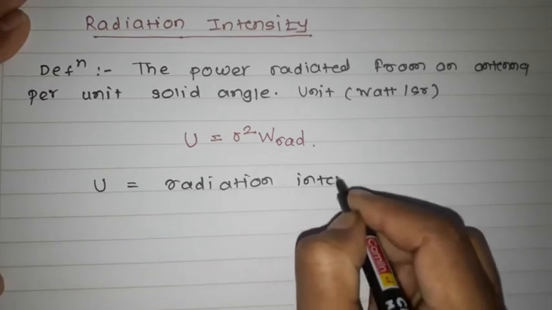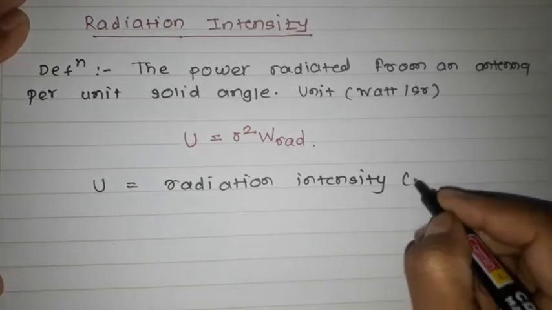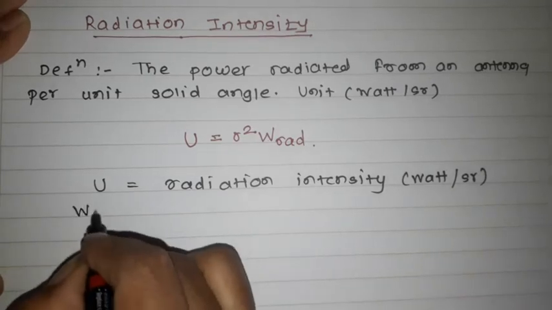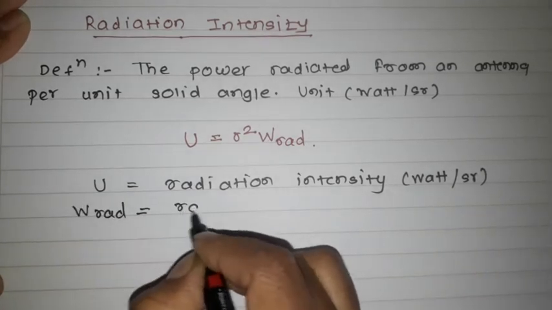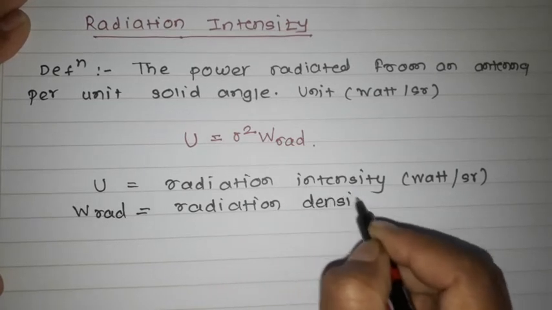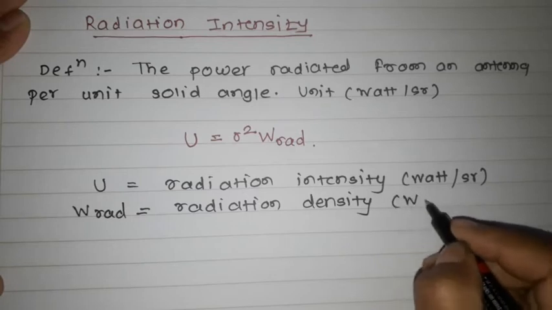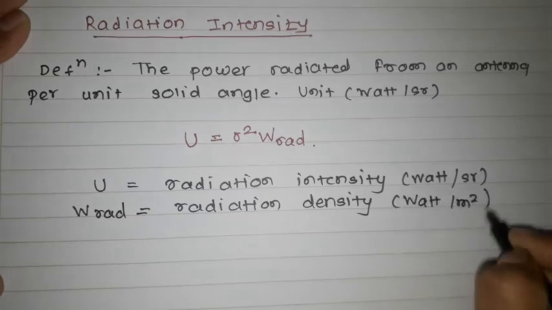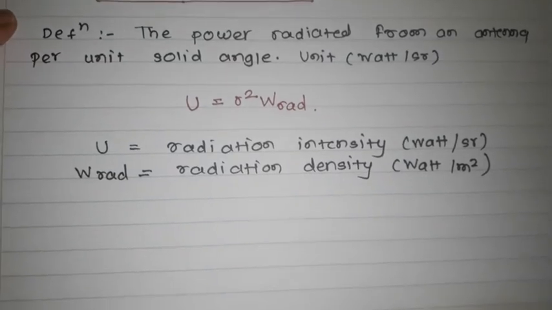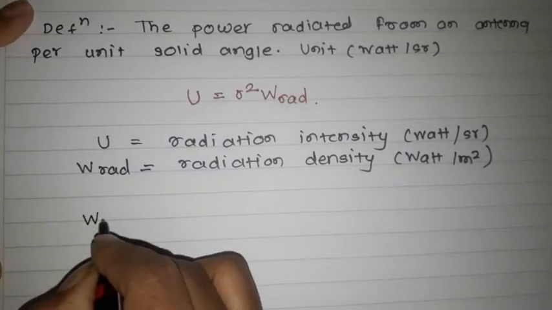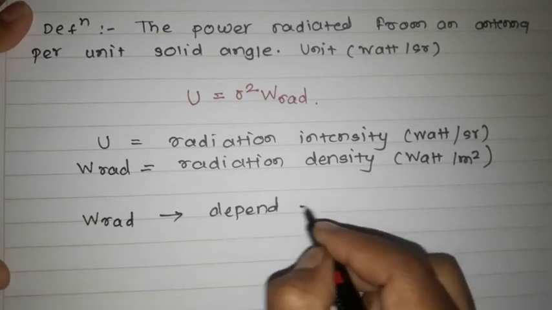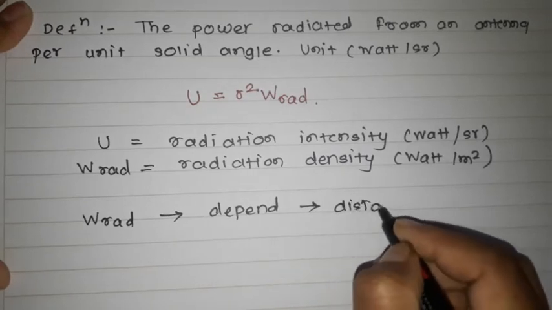As this is the power per unit solid angle, it will be watt per steradian. Now W radiated, that is the radiation density, as we have already gone through in the previous session, has the unit watt per meter square. The radiation density depends on the distance from the antenna.